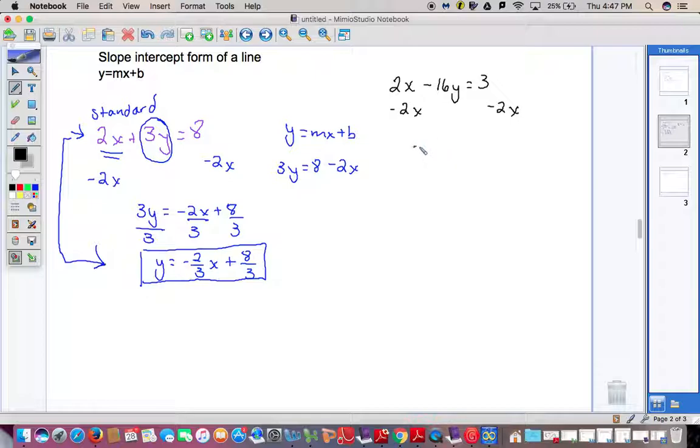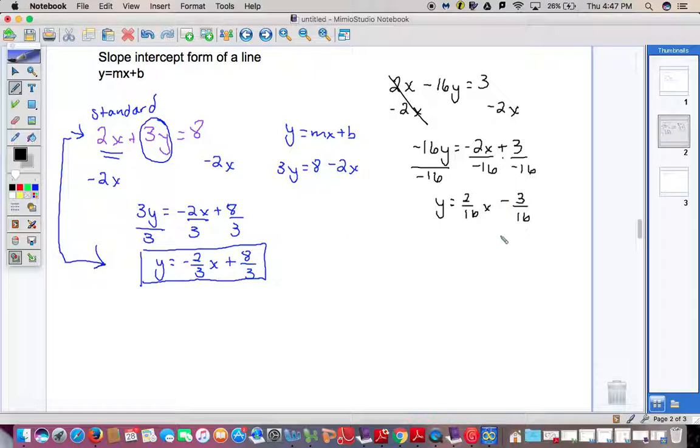And when we do that, we're left with negative 16y equals negative 2x plus 3, because they cancel out on the left side. And then we're going to divide everything by negative 16. So when I do that, I'm left with y equals 2/16 x minus 3/16, because I simply said this is a negative 3/16, so I just simplified it by putting the minus here.